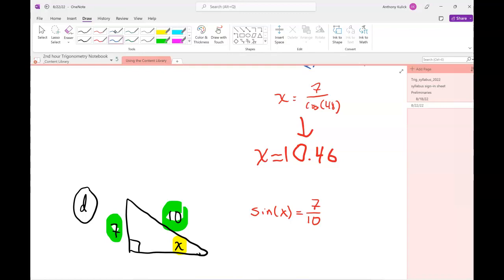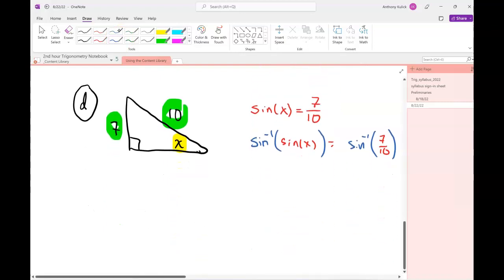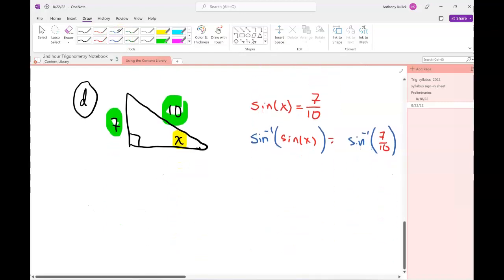Is that the negative one? That's the negative one. So I'm going to do sine inverse to both sides of my equation. Does everybody feel okay with what I did here?